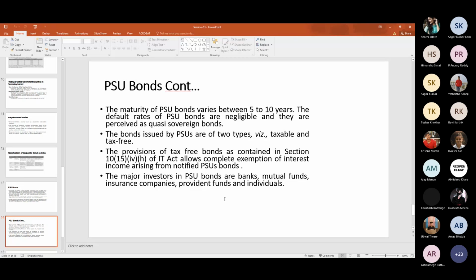In terms of riskiness, PSU bonds are relatively less risky in comparison to other corporate bonds traded in the market, because the government is involved in the process.